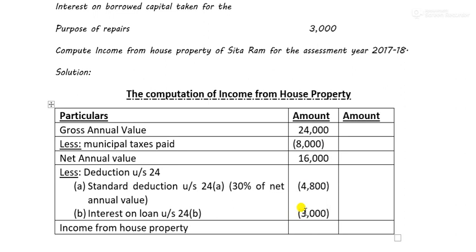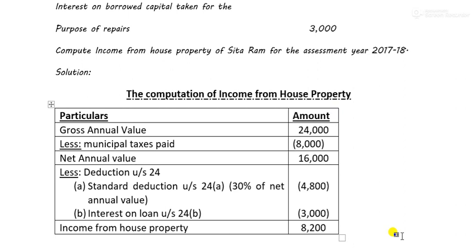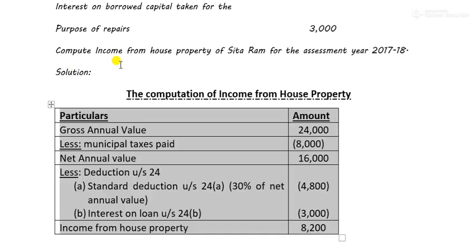So now my income from house property is 16,000 minus 4,800 minus 3,000, which is 8,200. I always leave this row unused, so let's delete it. Did you get these sums perfectly? Now this marks the end of the chapter income from house property.